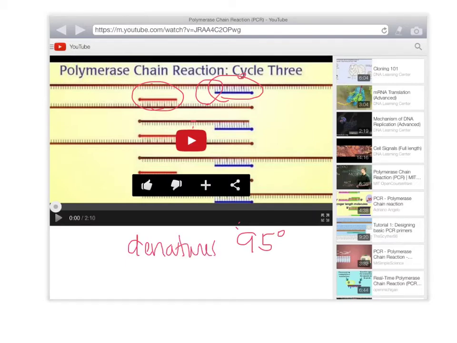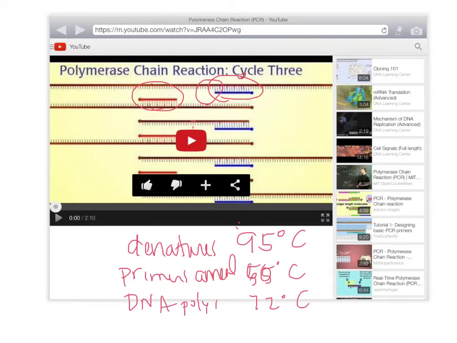Then you lower it to about 55 to 65 degrees Celsius, which allows your primers to anneal. So that allows those hydrogen bonds to form between the primers, which are in excess, and the DNA. Then you raise it to 72 degrees Celsius, which allows the DNA polymerase to do its work of extending the ends of the DNA for the top strand, for the bottom strand here.